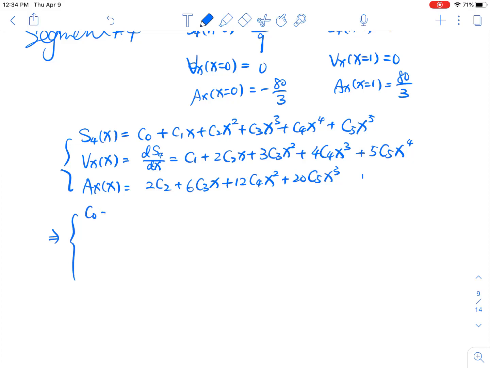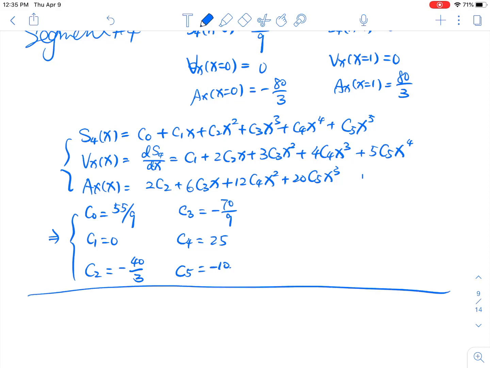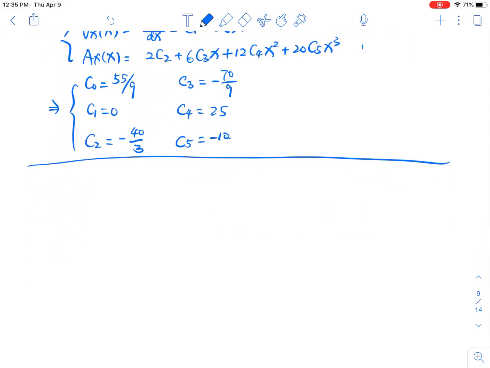Your C naught is 55 over 9. C1 is 0. C2 is minus 40 over 3. C3 is minus 70 over 9. C4 is 25. The last one is minus 10. And up to this point, you find all the segments, and eventually you have all this S for your design.